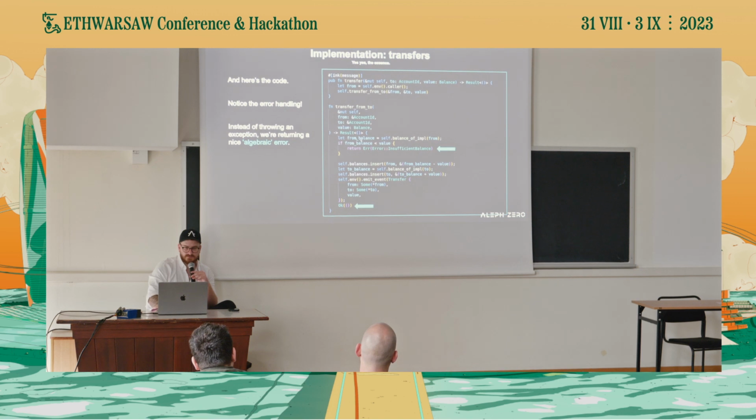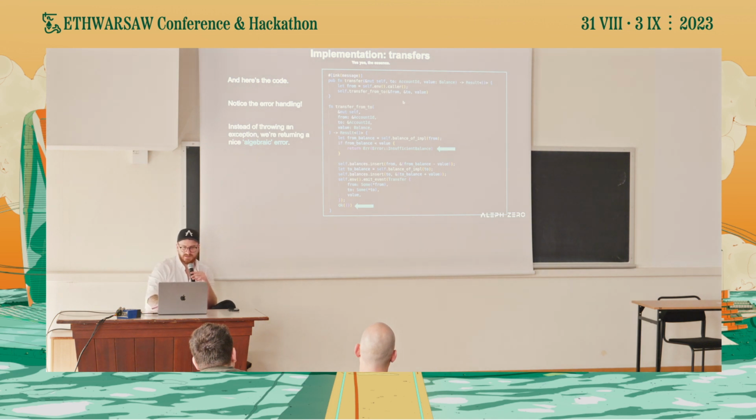So don't worry about the boilerplate here. Basically, the transfer is to an account from the caller, and we use the wrapper here to make it a bit faster, because WASM is good at references. So sometimes it's good to convert something to a reference. This is outside of the scope, but yeah. So first of all, we check the balance of the sender.